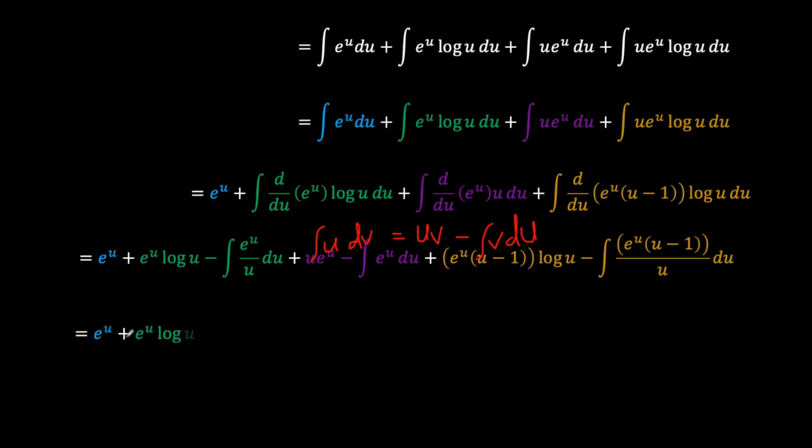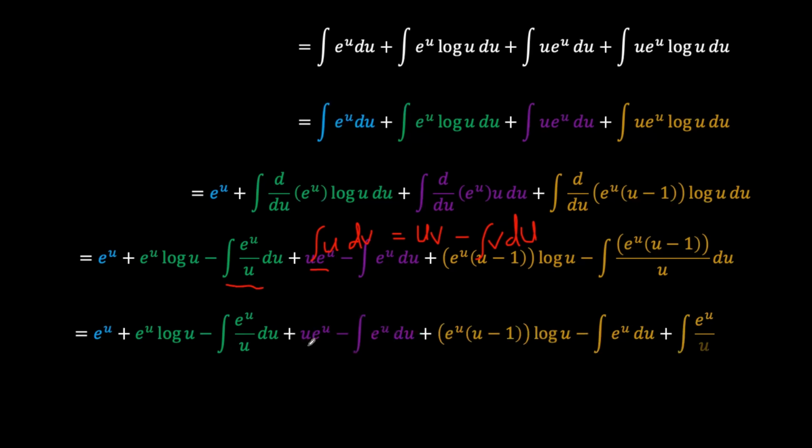So as you can see, we have this maintained here, and we have this maintained here, and then we've expanded this yellow part, where e to the power u times u over u is the same as e to the power u, and the negative distributes into a positive, and then we have e to the power u over u.